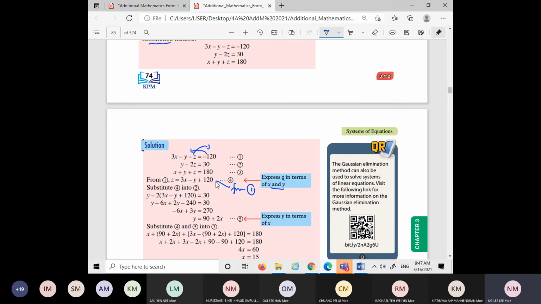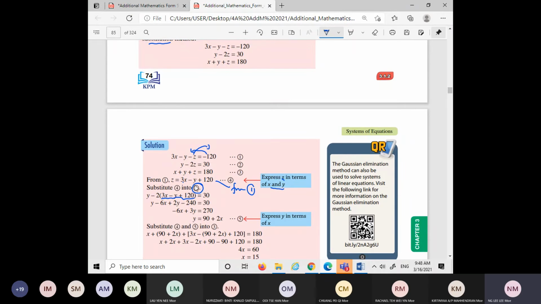Then after that, you've got to substitute this z. Because this is from the first equation, you don't substitute back into the first equation. You substitute into the second equation or the third equation. So first of all, you substitute into the second equation. Your second equation, you see y minus 2z. Z, now they no more write z, they write this 3x minus y plus 120, equals to 30.